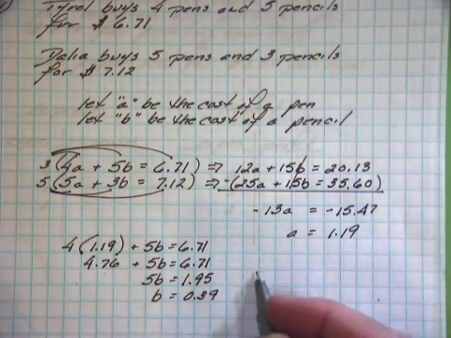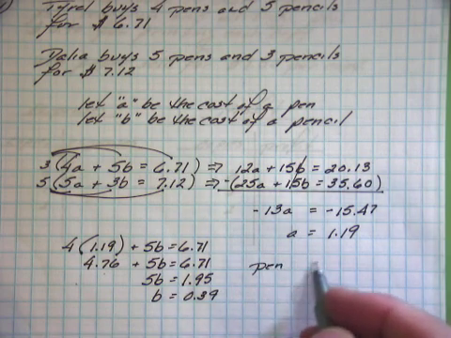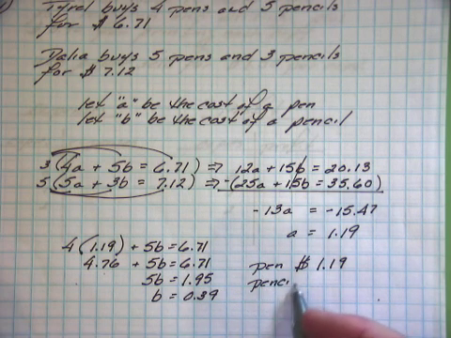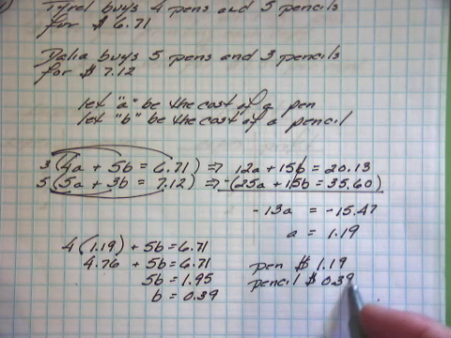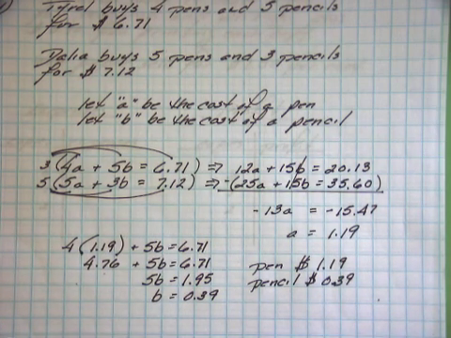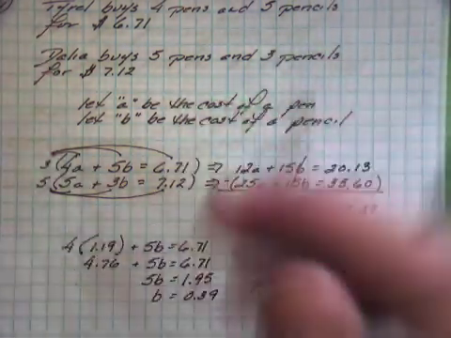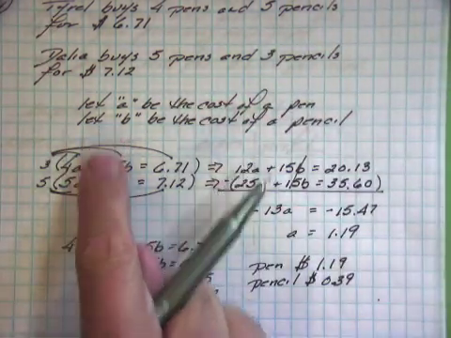Divide both sides by 5, and b equals 0.39. So a pen is $1.19, and a pencil is 39 cents. Okay, so that's one example of how to use them.